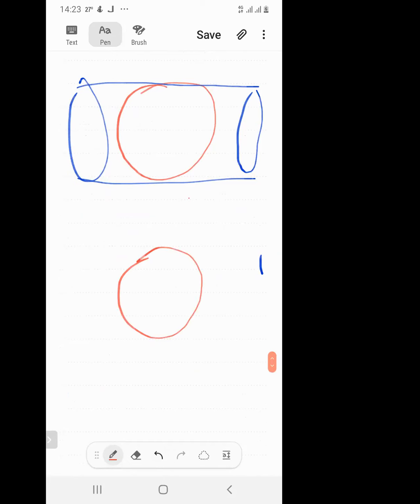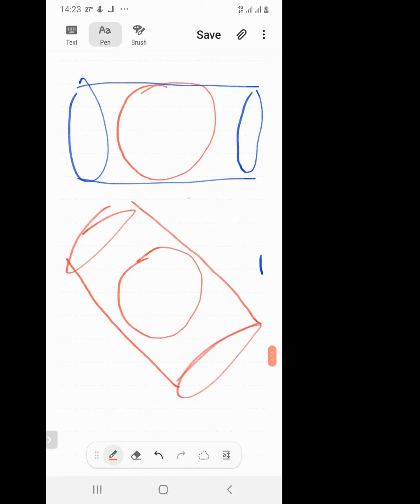Instead of putting it in such a way that it is normal, the first one I showed you, or making it this way, which is transverse, you can also make it this way, oblique. So that it's neither here nor there. It's not normal, it's not transverse, but it's in between the two in terms of orientation.